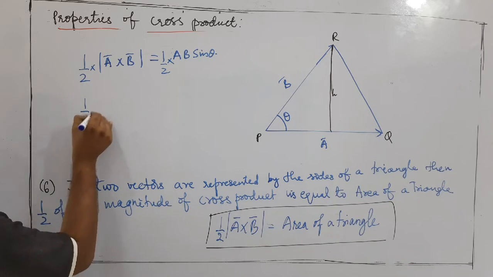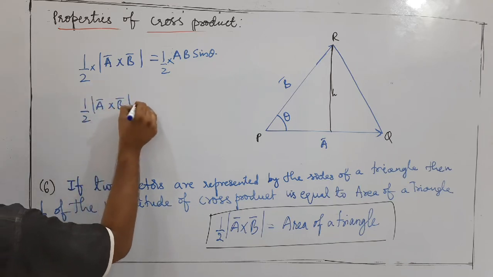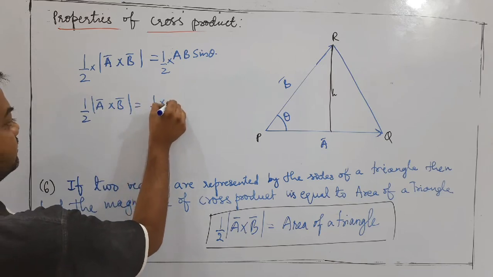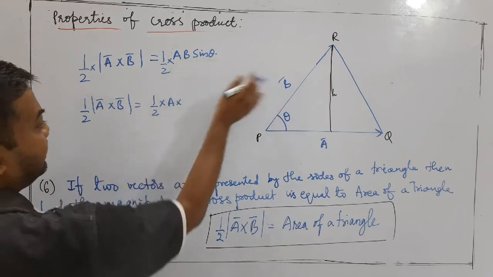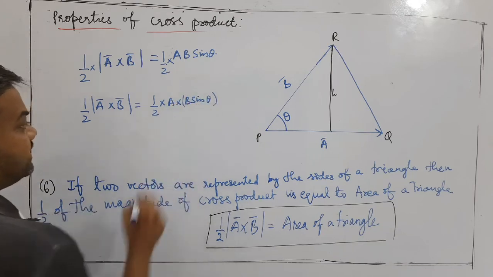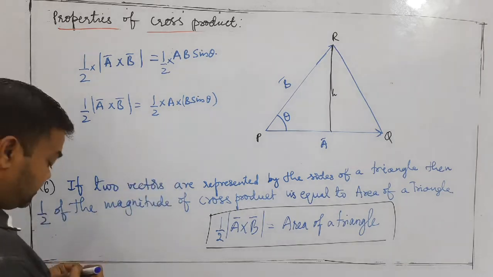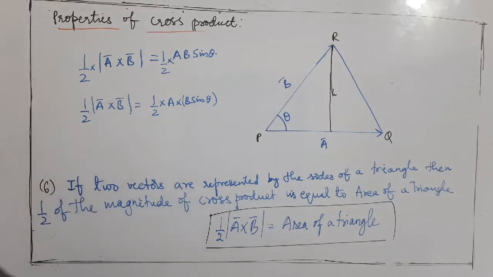Then half of A bar cross B bar is equal to half into A into B sin theta within brackets. Here also what is the value of B sin theta?